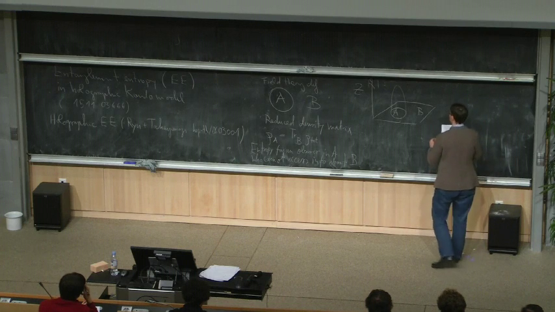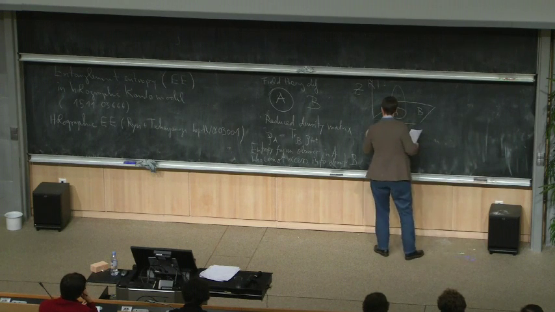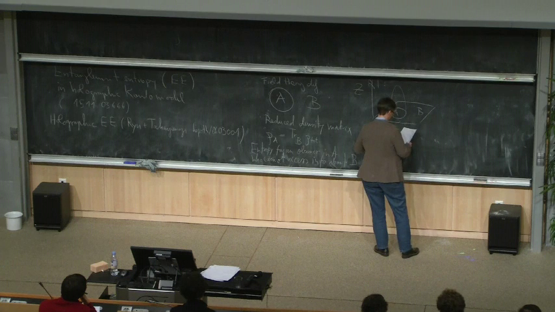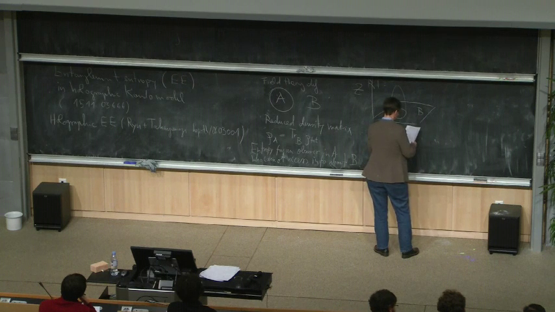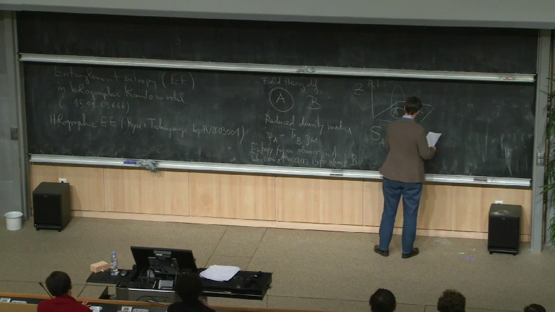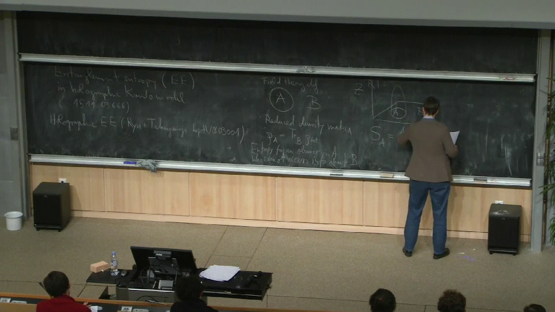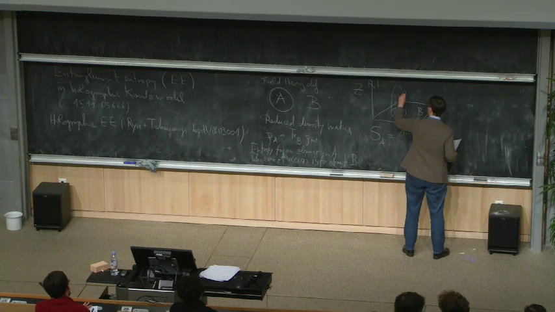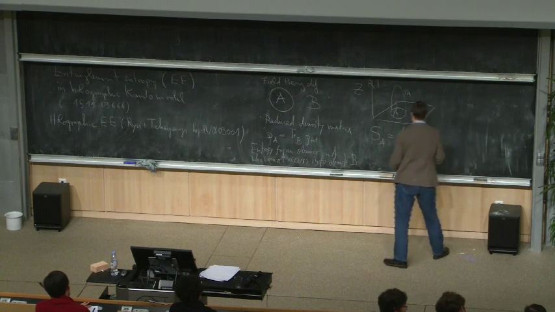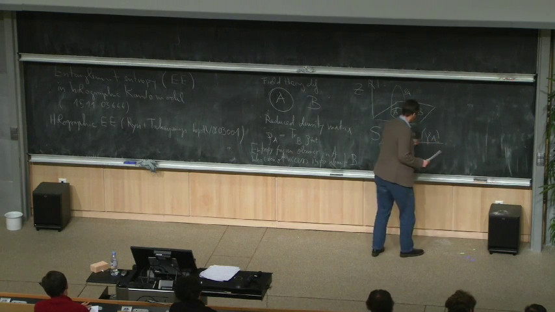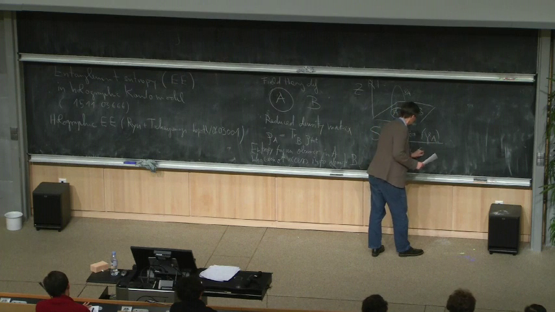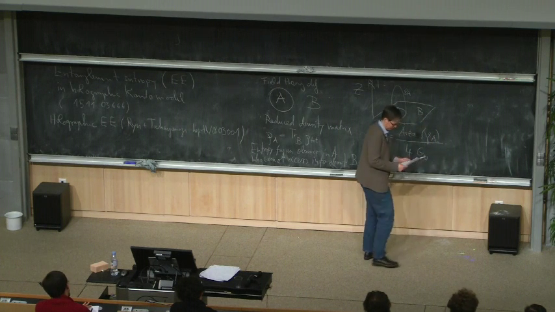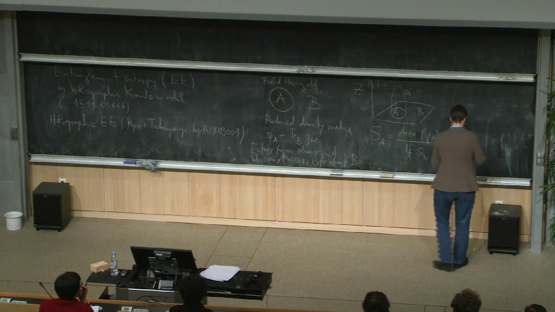Their proposal was that the entanglement entropy for this region A is the area of the surface gamma A, divided by 4 G Newton, which is clearly inspired by the black hole entropy.